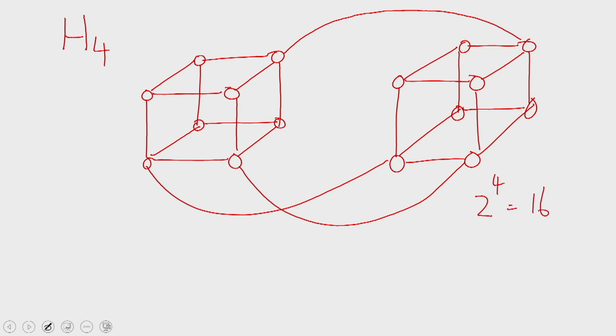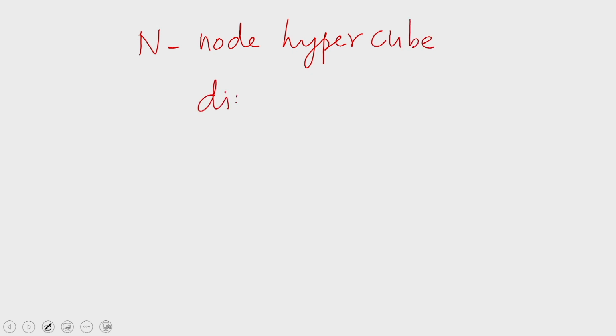And the vertex degree is equal to the dimension of the cube. For example, in H4, a node has a degree of 4. For example, this corner node has 4 adjacent edges. Every vertex has exactly the same vertex degree here. So, in general, if you take an n node hypercube, this has a dimension of log n.